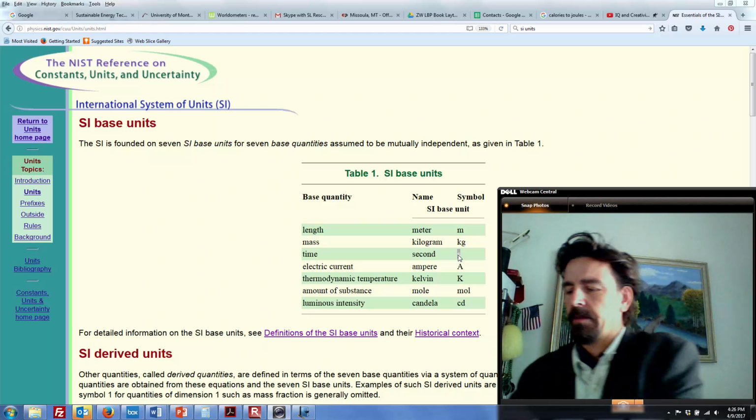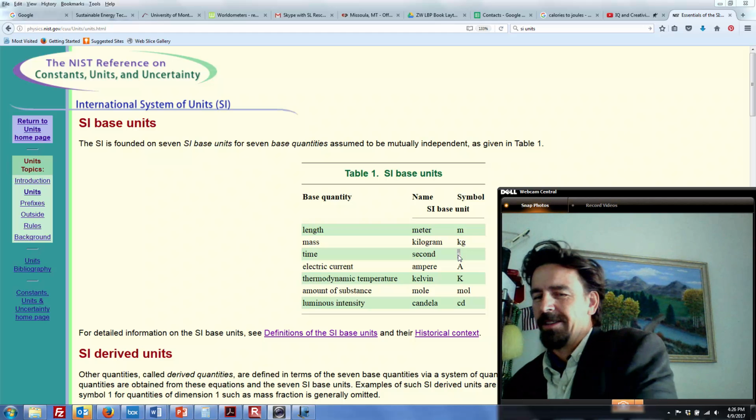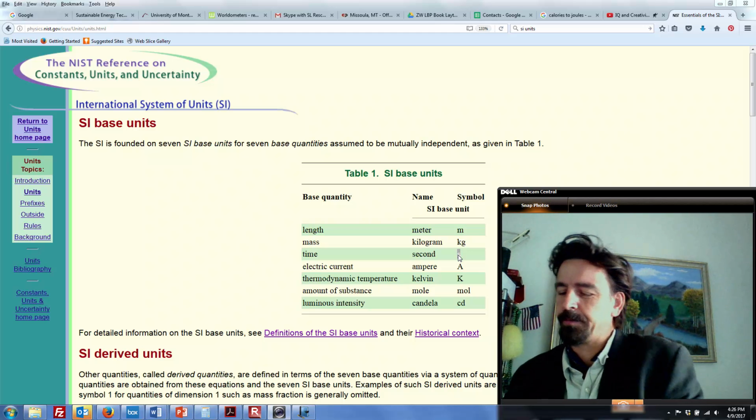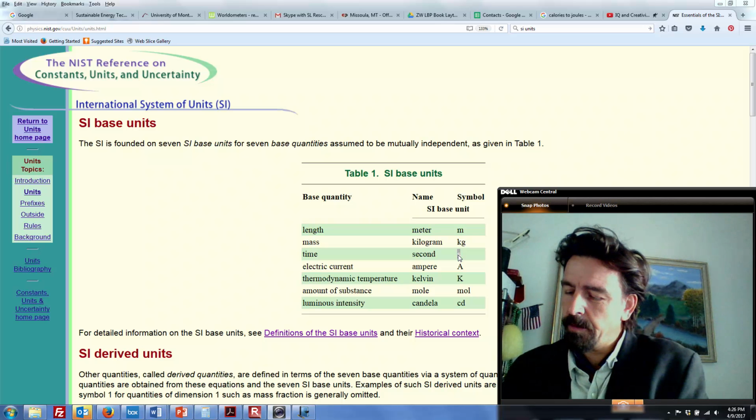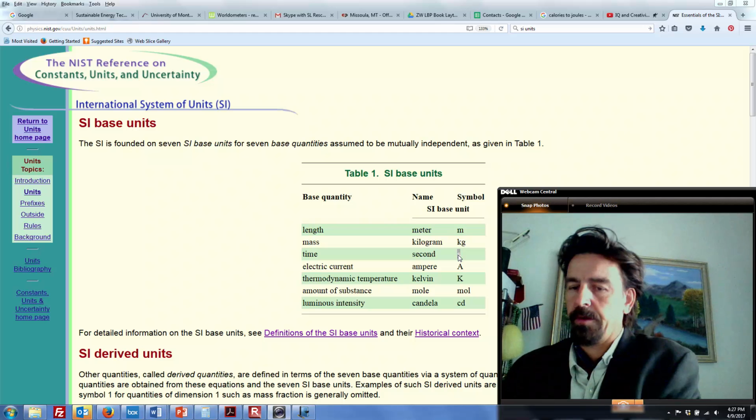I'll write that down. It's very important. Okay, 1 joule equals 1 kilogram times 1 meter squared over 1 second squared. 1 watt equals 1 kilogram times 1 meter squared over 1 second cubed.